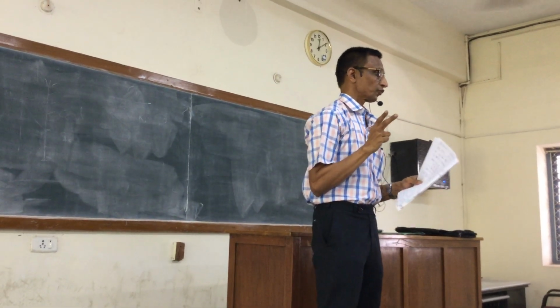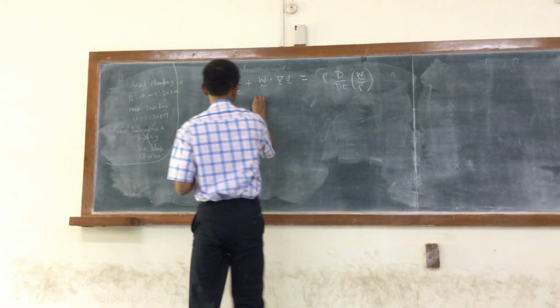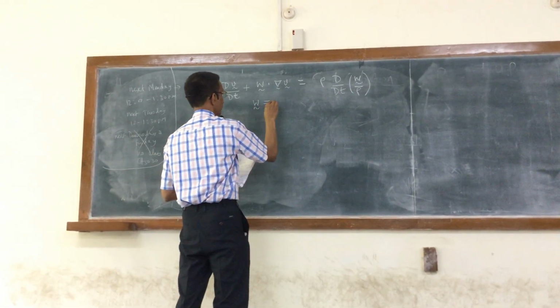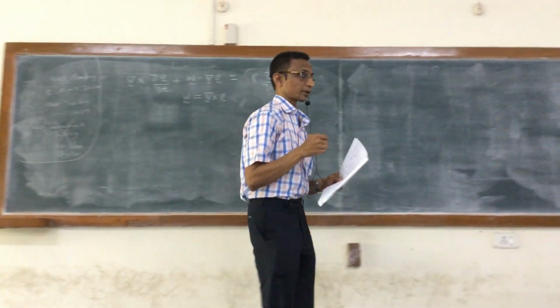The rest is use of certain basic vector identities. It's a very basic equation where the vector W is the curl of the velocity vector.